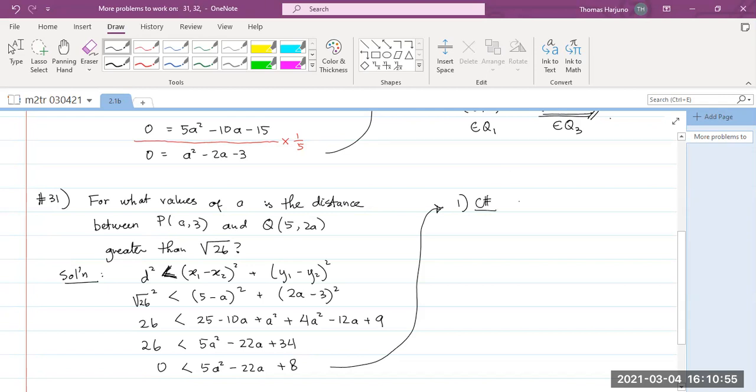Critical numbers: 5a squared minus 22a plus 8 equals 0. I do factor. I believe this is factorable. 5a minus 2, a minus 4 equals 0. So a is 2/5, a equals 4. Those are the critical numbers. Step 2, sign graph.